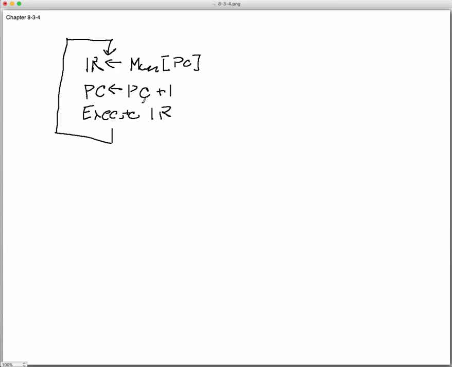Now, what we want to do is we actually want to change this diagram a little bit. And I know we've done this already, so this is not going to be new. We come over here and we say the instruction register gets memory of the PC. We said the PC gets PC plus 1. We execute the instruction register.